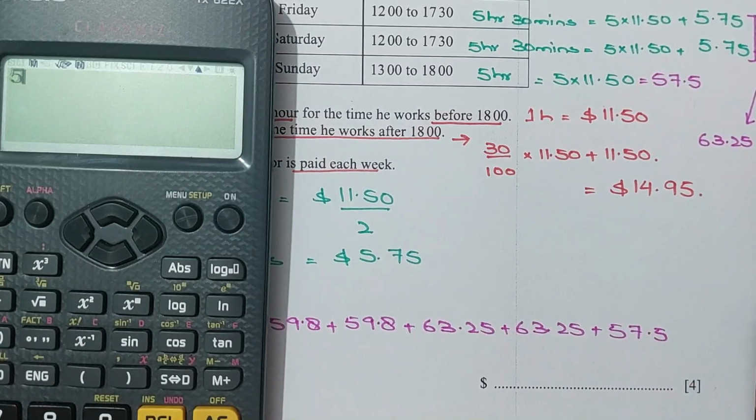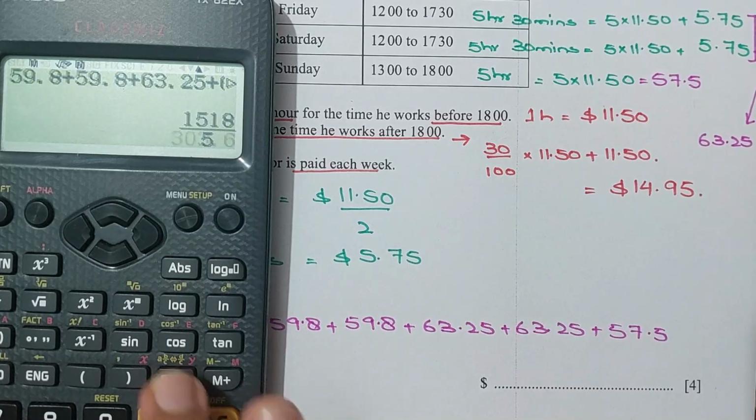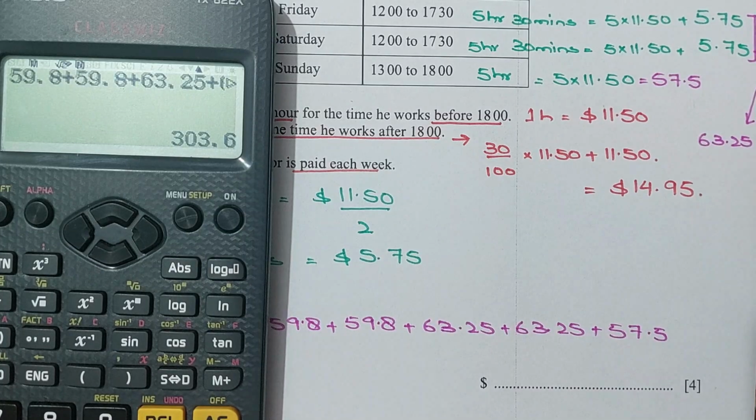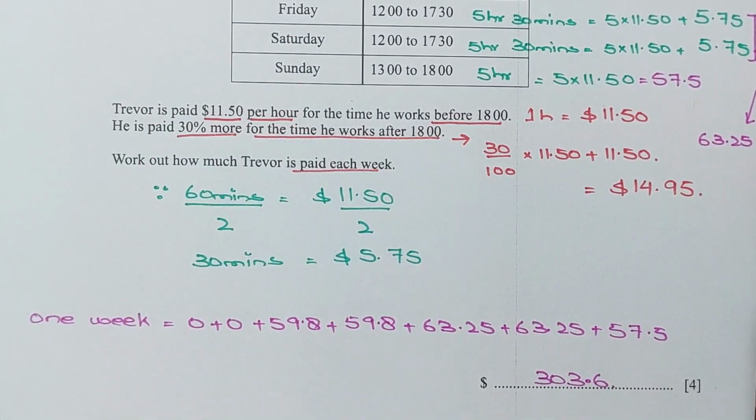Okay, so 59.8 plus 59.8 plus 63.25 plus 63.25 plus 57.5 is $303.6. He will get this each week.